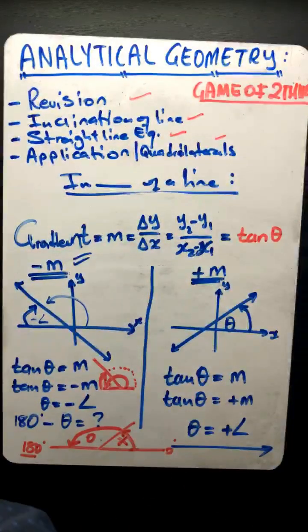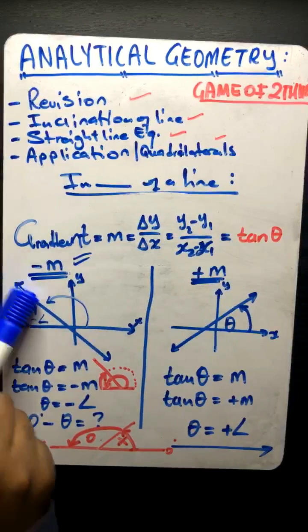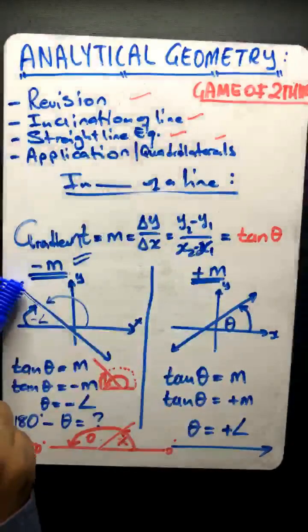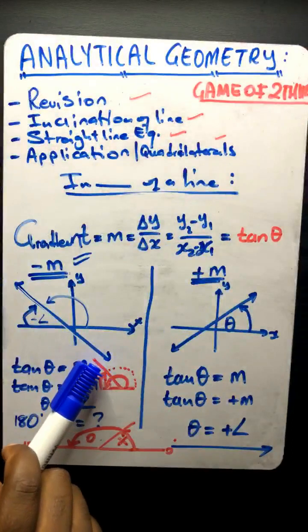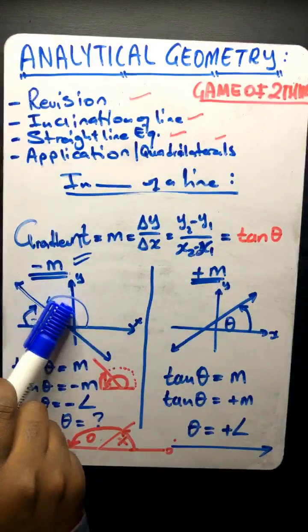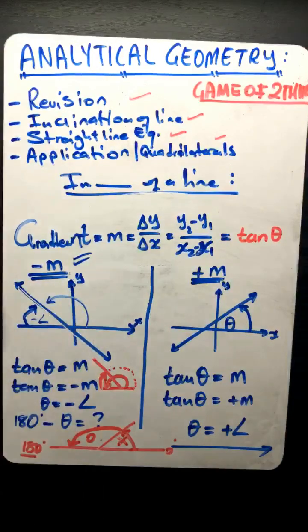So this line is what we call the line of inclination. And then from that line of inclination, we have that angle, which is called the angle of inclination. I'm not sure if honorable members understand what we are trying to do there.